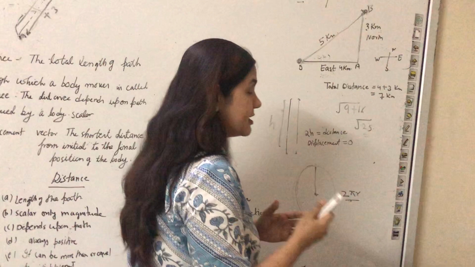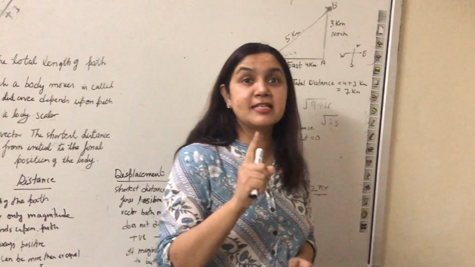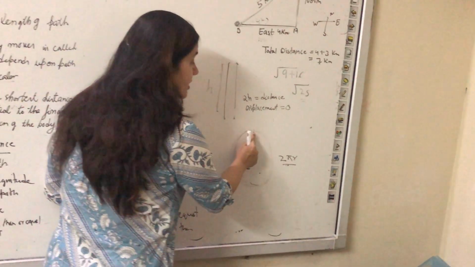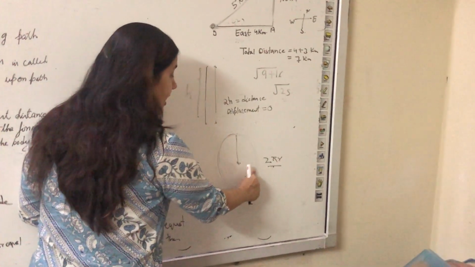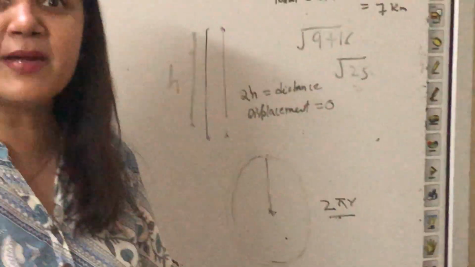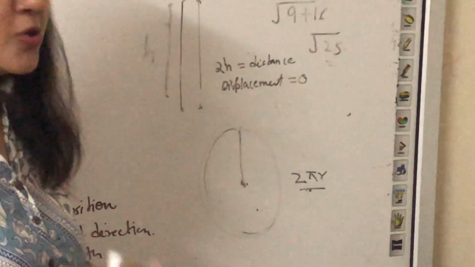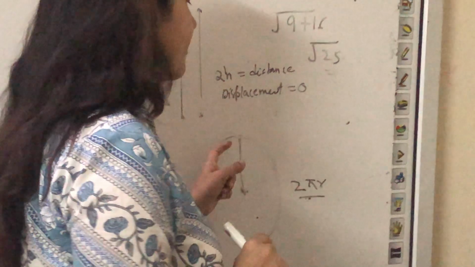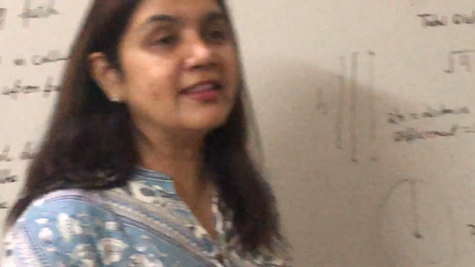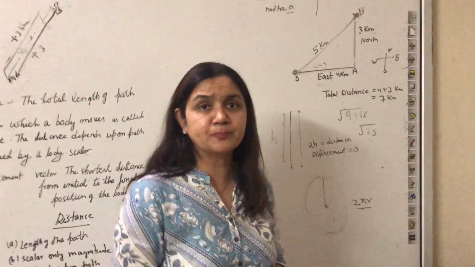So the distance is 2 pi r. But the displacement, because the journey has started from this point and come back to the original position, is 0. So anything which is moving in a circular path is a good example where the distance is 2 pi r while the displacement is 0. One more thing.